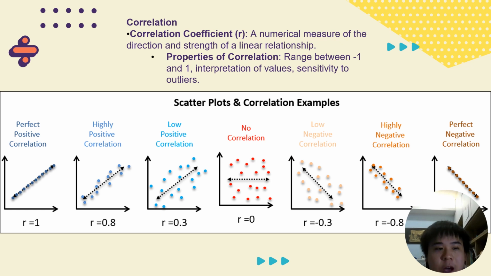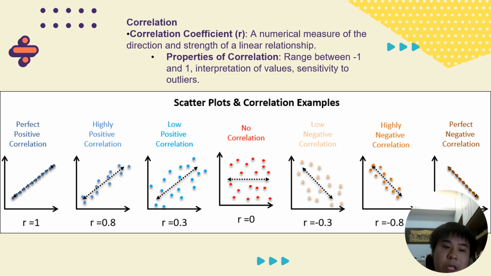Moving on, let's look at the correlation. The correlation coefficient, which we represent with r, is a numerical measure of the direction and strength of a linear relationship. The correlation r ranges from -1 to 1. The closer the value is to 1, the stronger the relationship.